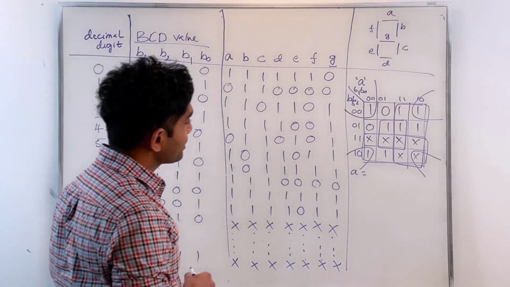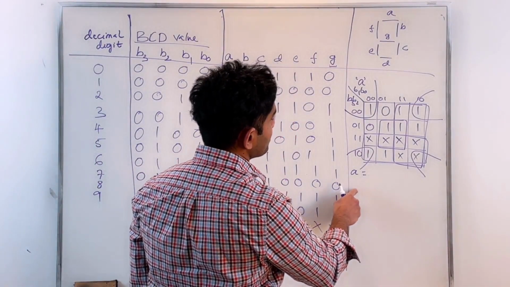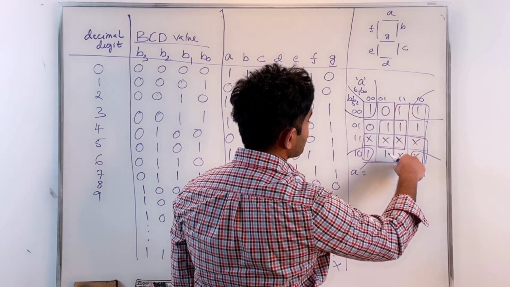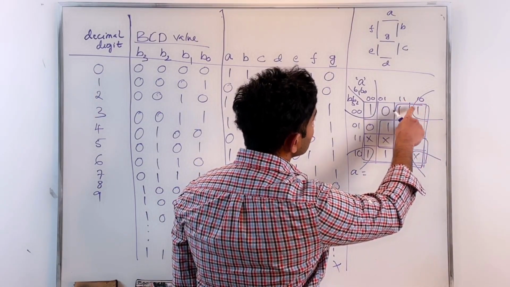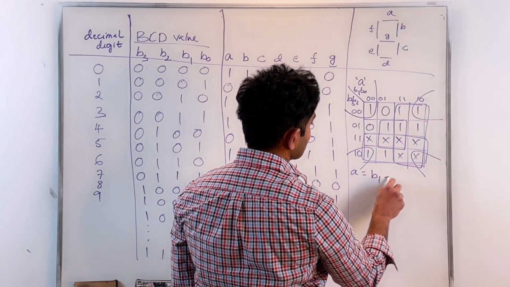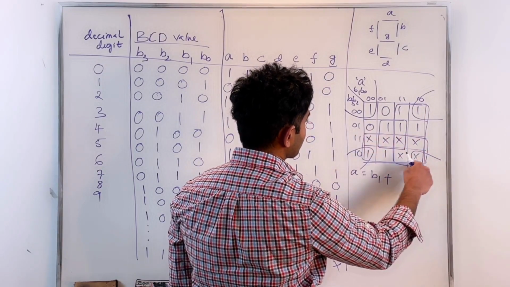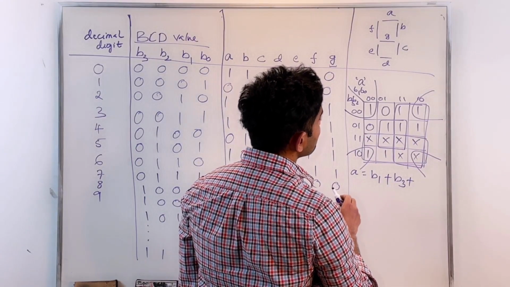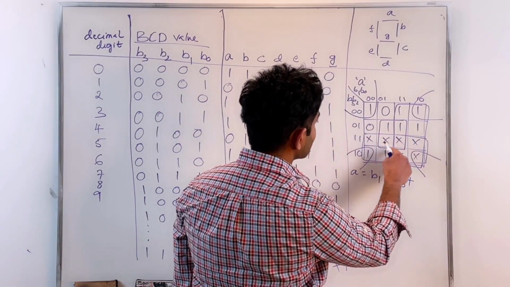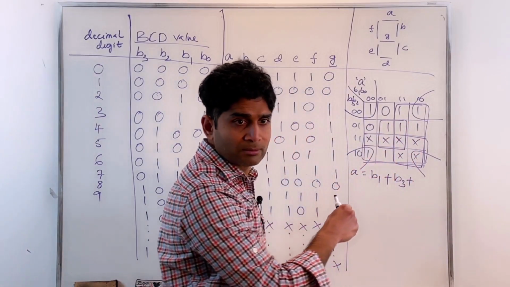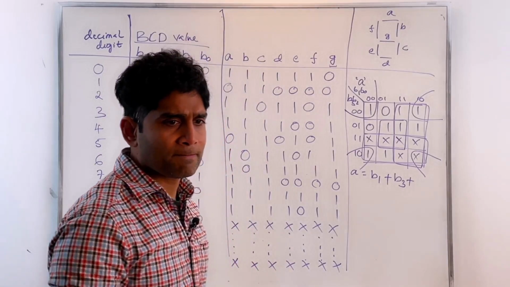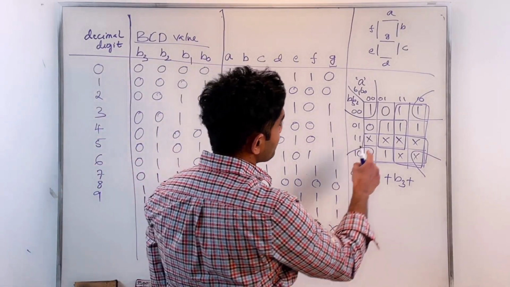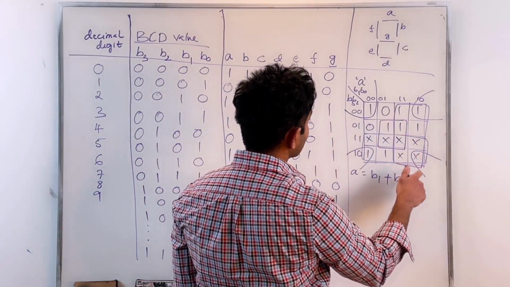Okay, and what is my A? My A would be: I have this one. From this one, I get a product term B1. From this combination, I get a product term B3. From this inner square, I get B2.